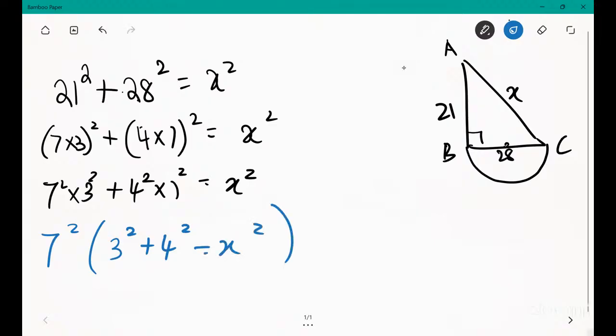So then you will be getting 3 squared is 9 plus 4 squared is 16 is equal to x squared. So 25 is equal to x squared, which gives 5. So x is going to be equal to 5.